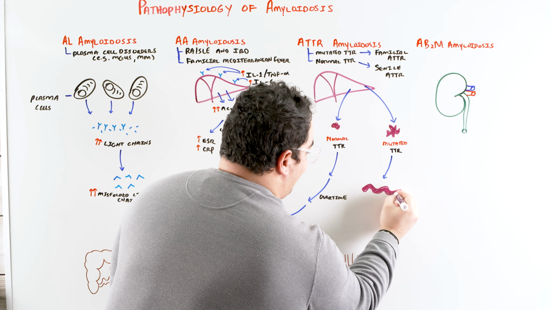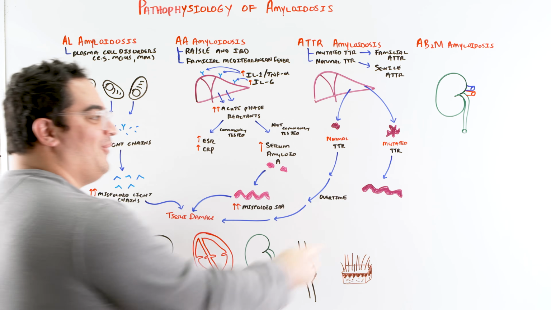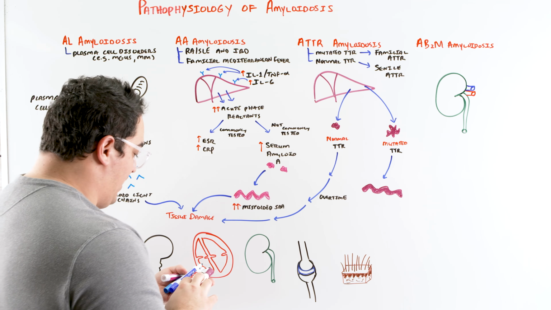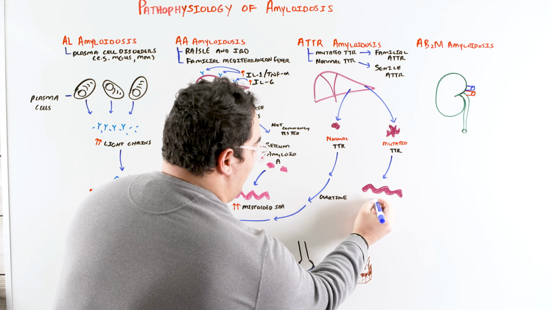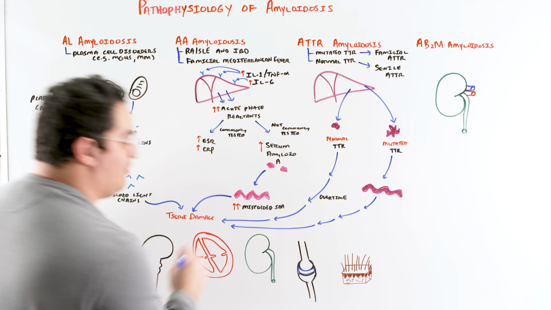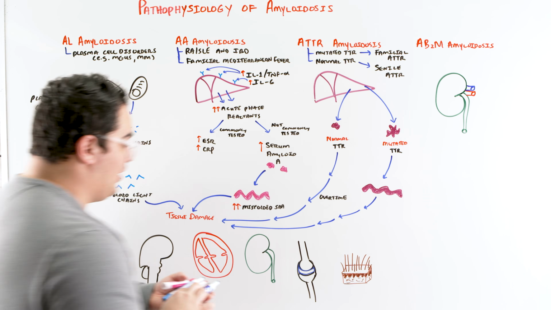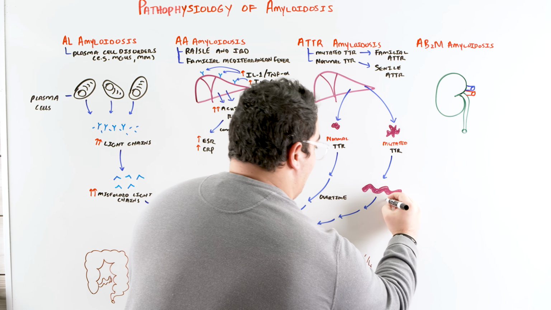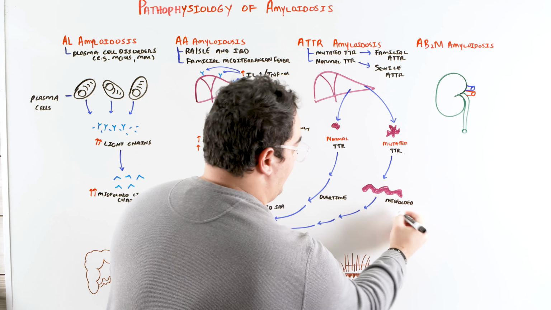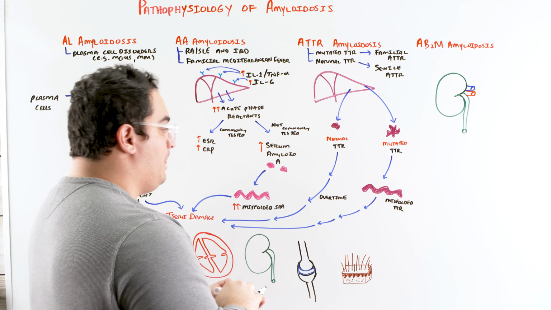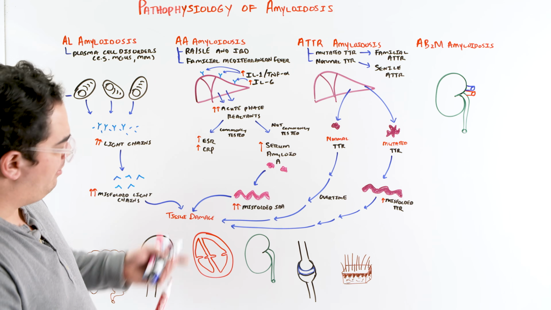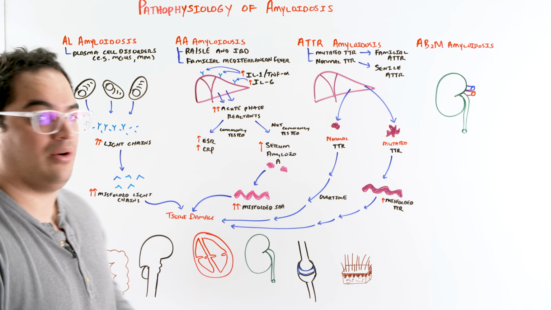So now, in this scenario, you're getting this weird protein here, and I'm going to have this puppy go over here, and it's going to precipitate the same thing, that tissue damage. So for this one, I'm getting an increase in misfolded TTR. That becomes resistant to breakdown and loves to deposit in tissues. The preferable tissues are the cardiac tissue and the neural tissue.